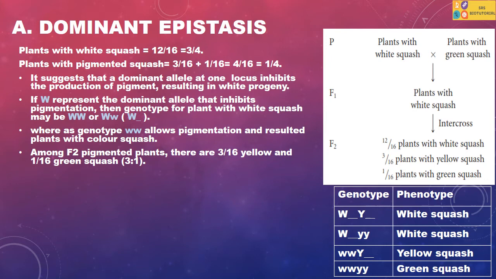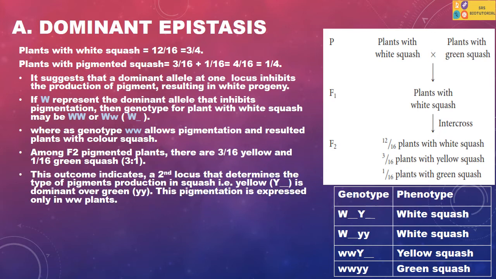Among second filial pigmented plants, there are 3/16 plants with yellow squash and 1/16 plants with green squash. The ratio among pigmented plants is 3:1.